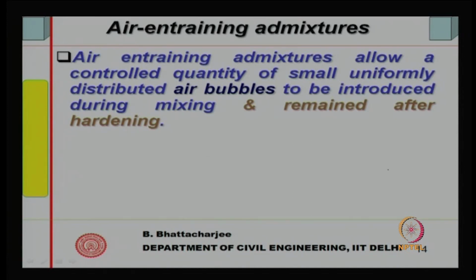freeze thaw resistance. We shall be looking at that when we look at durability of concrete, largely used in case of freeze thaw to improve the freeze thaw resistance of concrete, right. So, how do they act?